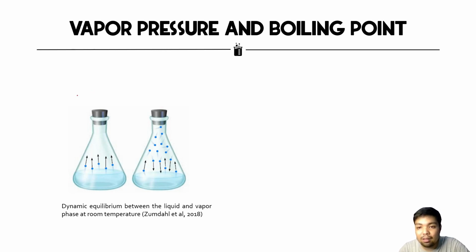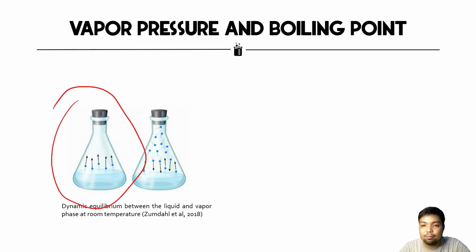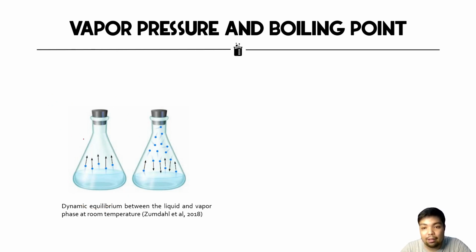Now, if the lid of the container is covered, as we can see in the flask on the left here, some of the liquid will evaporate, right? Will escape to the gas phase. Now, if that container is closed, the gas molecules will accumulate, or the vapor will accumulate at the surface above the liquid, and a time will come that the space above the liquid will be saturated, will contain enough vapor.